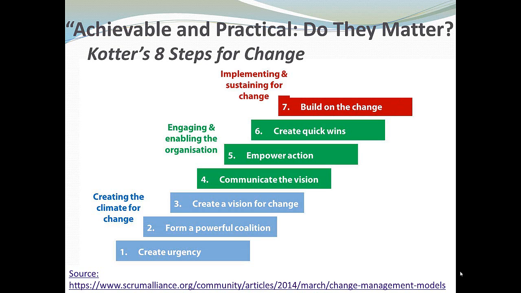And then you want to implement and sustain for the long haul. So you want to build on the change and make it stick. This framework, Kotter's 8 steps, is actually used in a lot of places.